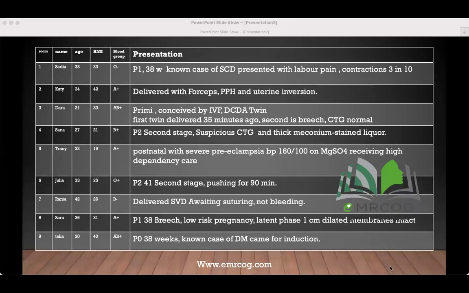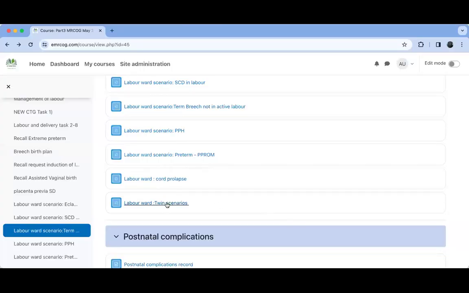One second, my friends. I will only go back to these notes to show you the possibilities of the twin scenario. So the twin scenarios, my dears: what is the possibility of a twin scenario in the part 3?